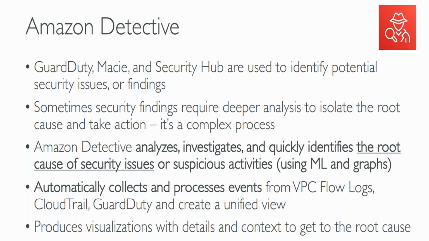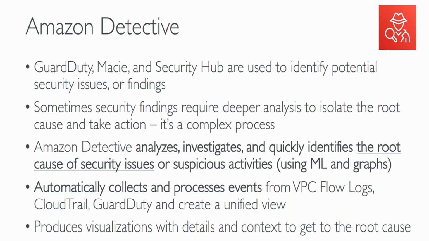Sometimes security findings require deeper analysis to isolate the root cause and take action. So it's a complex process. For that we use Detective. Detective will analyze, investigate, and quickly identify the root cause of security issues or suspicious activity using ML and graphs.